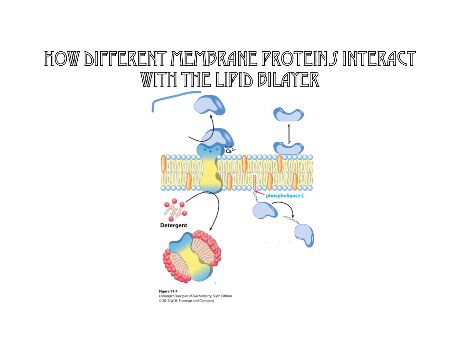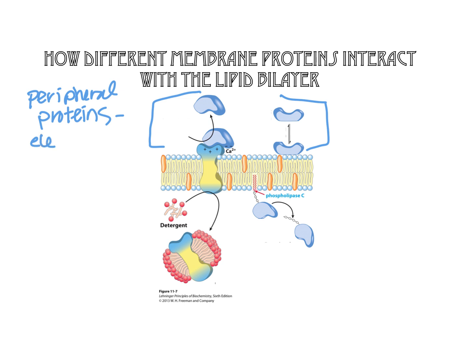So these proteins up at the top here are called peripheral proteins because they hang out on the periphery of the lipid bilayer, or they hang out on the outside, and they associate or interact with the lipid bilayer with electrostatic interactions. These are also known as the non-covalent hydrophilic interactions.